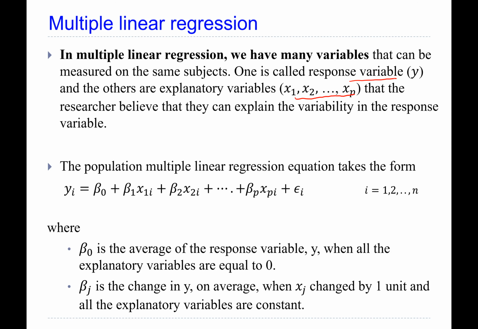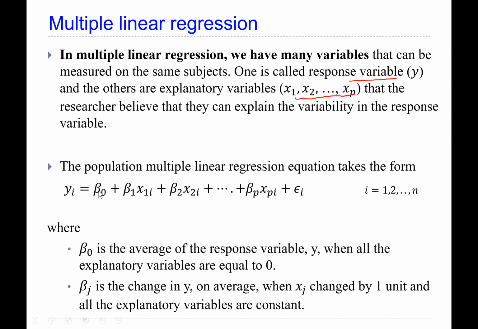And then after we analyze the data, we will see which one has some impact on the response and which one doesn't have any impact on the response by testing the betas. Because if we tested this one and we found beta 1 is not significant, it means X1 has no impact on Y. It means X1 doesn't explain any variability in Y or significant variability in Y.